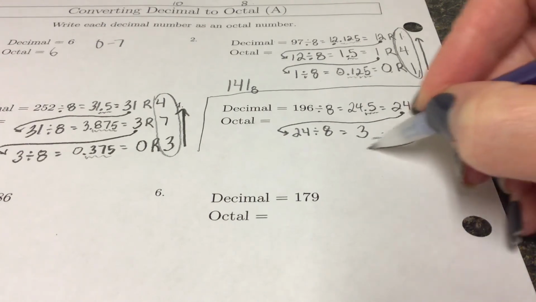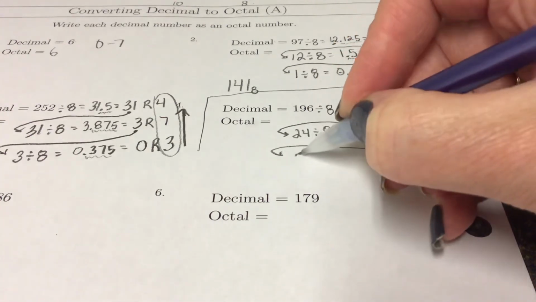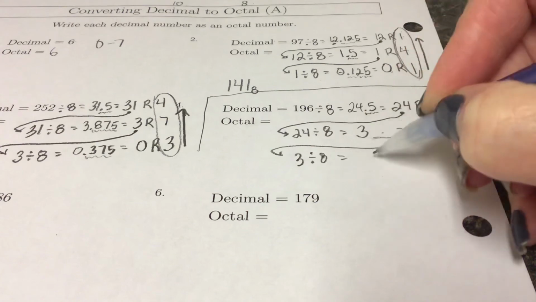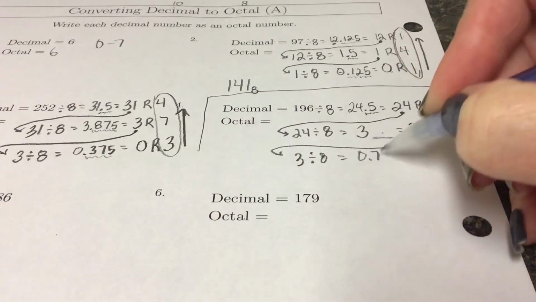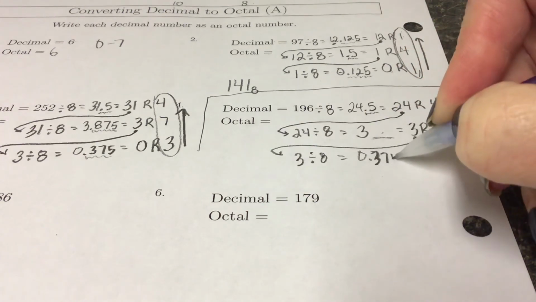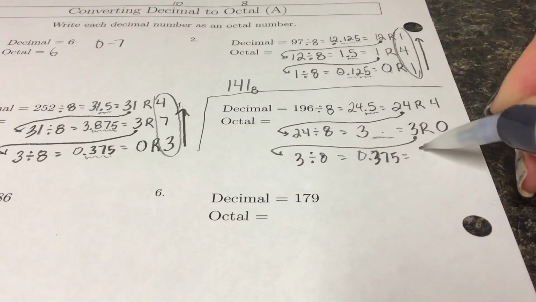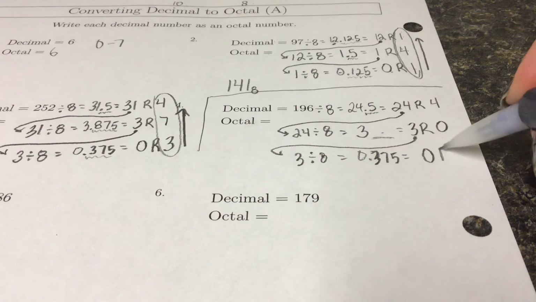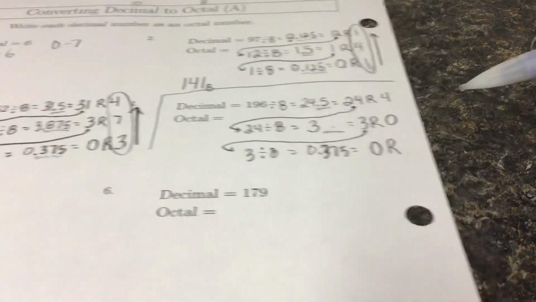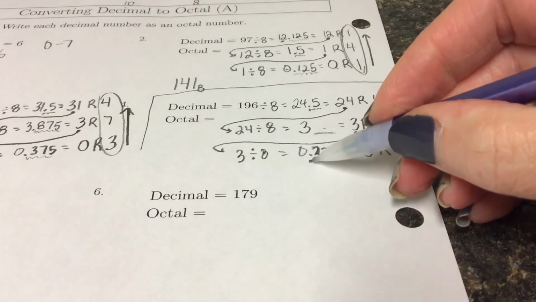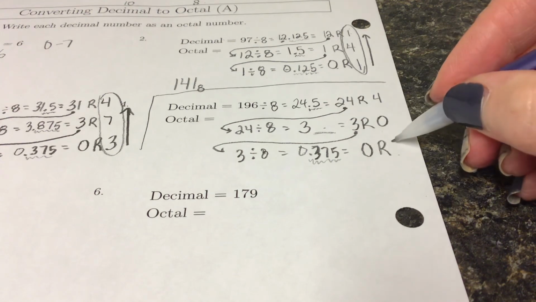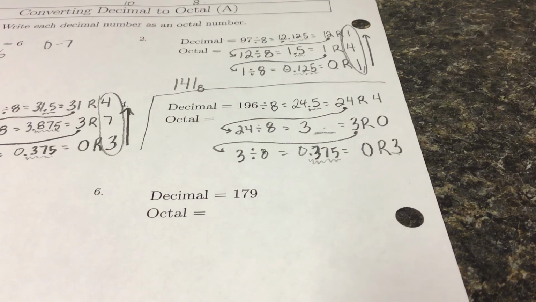We're going to keep going. 3 divided by 8 equals 0.375. So the 0 means that we're done. To get the remainder for right here, we take just our decimal, 0.375, times 8, which tells us 3.